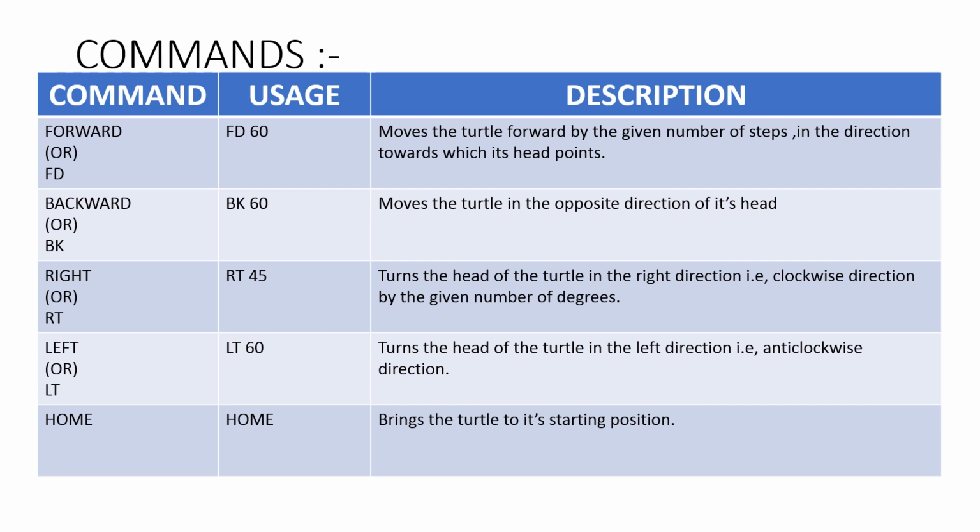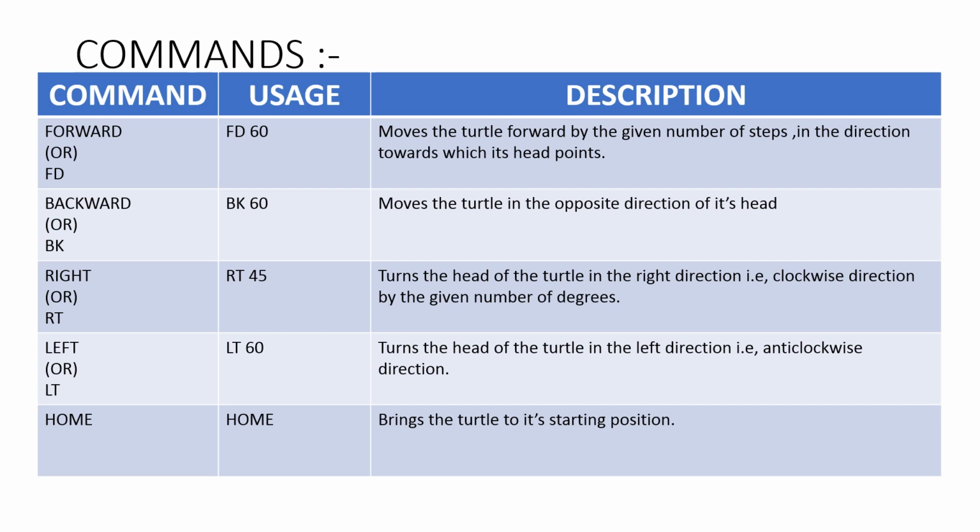The next command is backward. Backward, or BK. In Logo language it is written as BK. Backward moves the turtle in the opposite direction of its head. In whichever direction your turtle is pointed, opposite to that direction, your turtle will move backward. Okay.